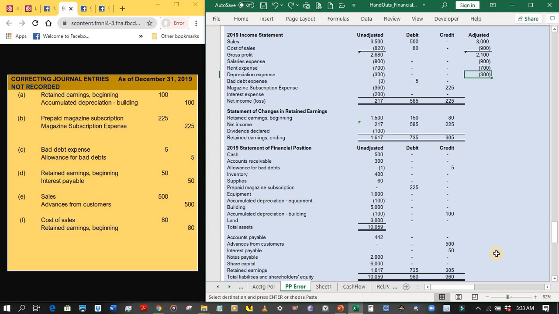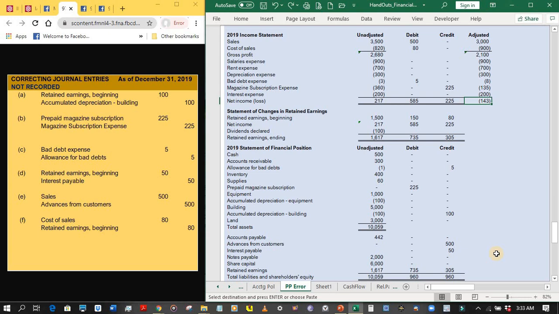But for the bad debt expense, it will be increased to 8 pesos. Then the magazine subscription from 360 will be reduced to 135 pesos. Then the interest expense is 200. Then the adjusted operating result is unfortunately not a net income. Instead, it is a net loss of 143 pesos.